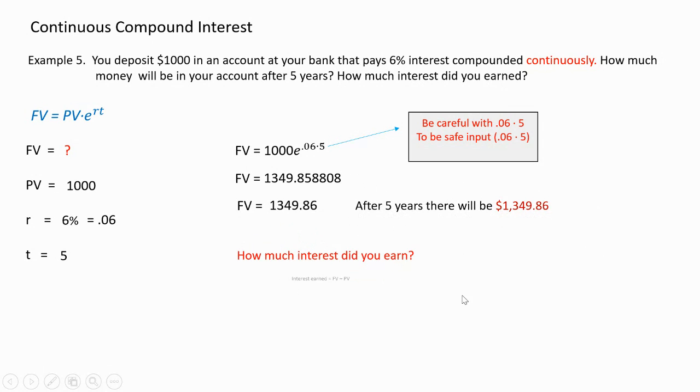So how much interest did you earn? Same as before, the same formula, and it will be 349 and 86 cents. On the one compounded quarterly, we got 346, which was less. So the more it's compounded, the more money you're going to get, or the more money you're going to pay, either way.